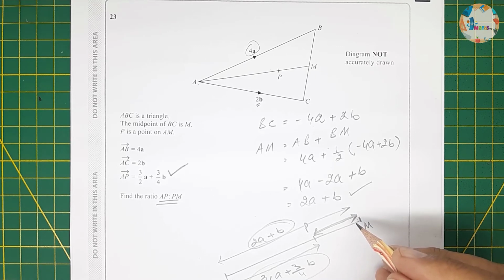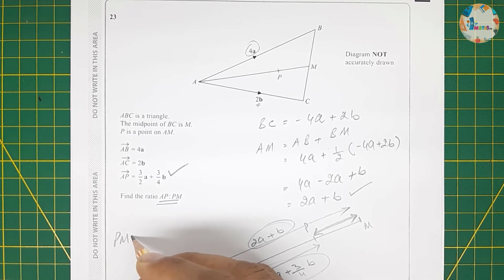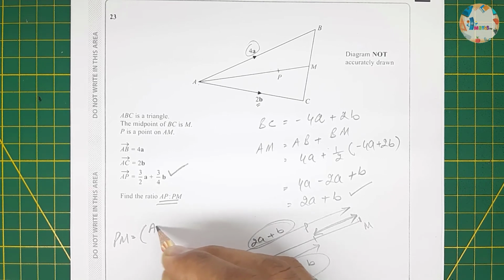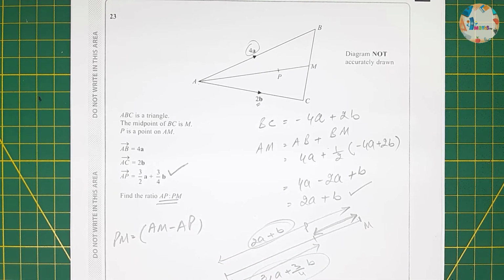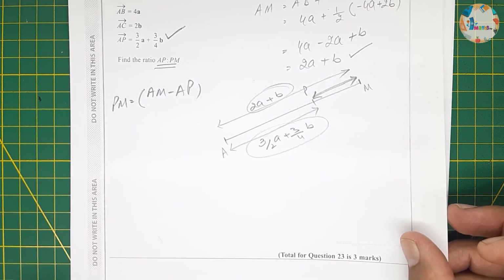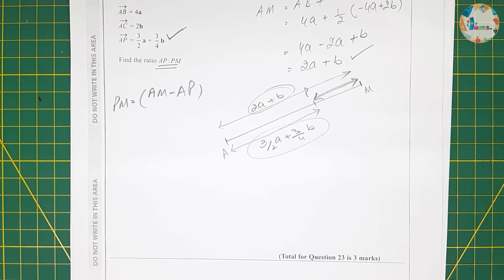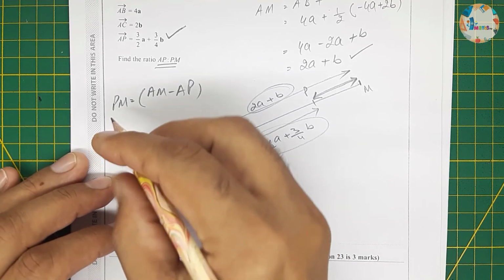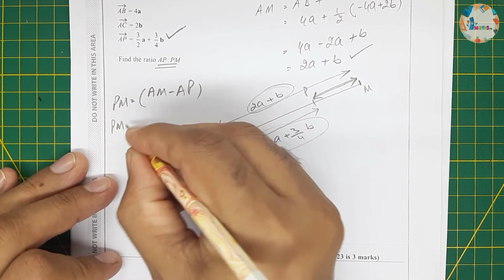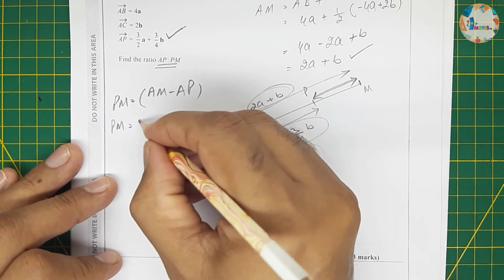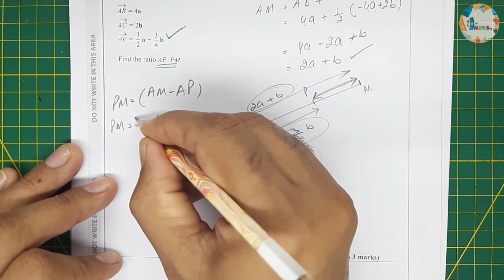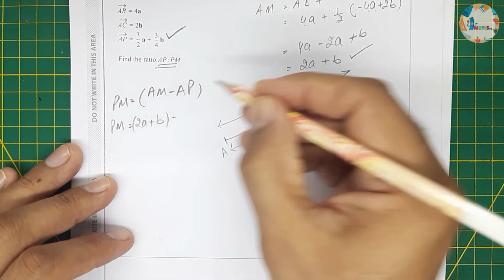So we can write PM is equal to AM minus AP. Now we will be replacing the values. PM is equal to AM, which is 2A plus B, and minus AP.